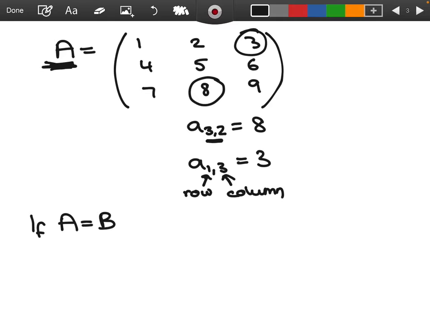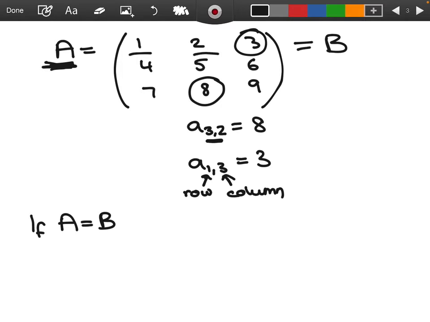If we want two matrices to be equal, so if A equals B, you've got two conditions here. Number one, the matrices have to be the same size. And number two, the corresponding entries also have to be equal. So every single entry has to be the same as the entry that is in the other matrix. So for the above matrix that we have here, B would literally have to be the exact same matrix. So the exact same size, and each entry is in the exact same position.